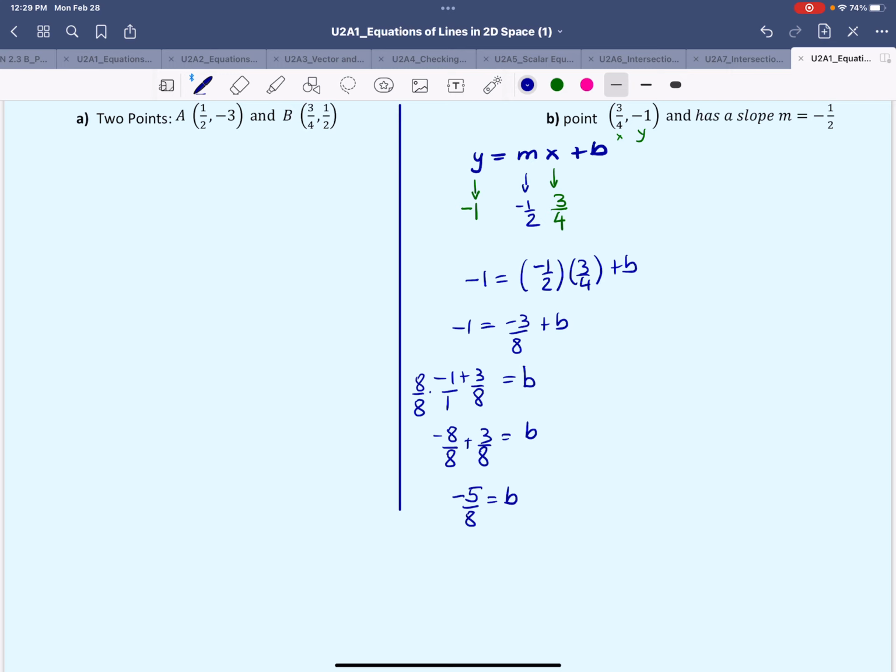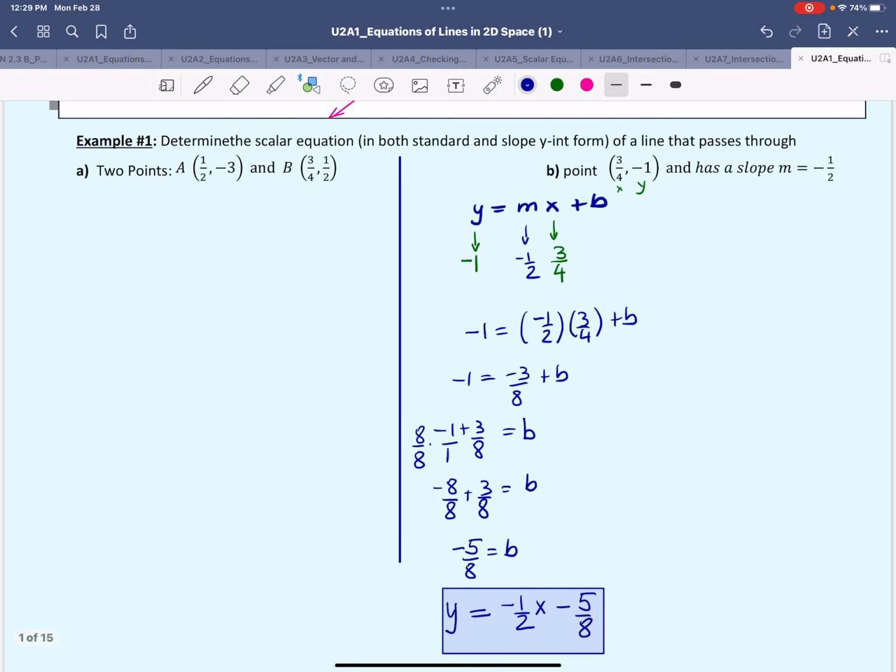Now that we know the value of b, we can write the equation with confidence. So we'll say y equals mx plus b is y equals -1/2 x, and then plus -5/8, which is -5/8. And this will make the slope y-intercept form of the line.